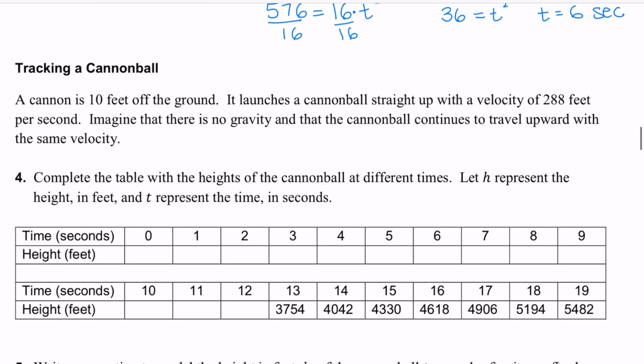So a cannon is 10 feet off the ground, and it launches a cannonball straight up with a velocity of 288 feet per second. Velocity is another way of saying speed.